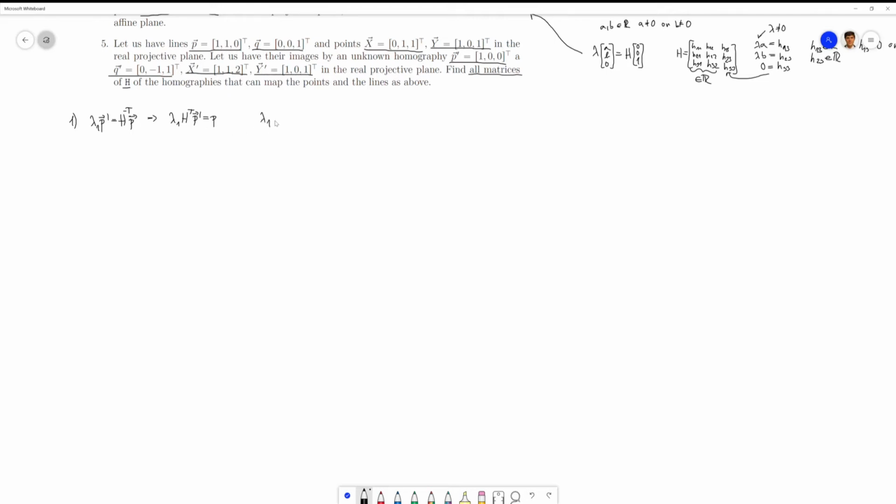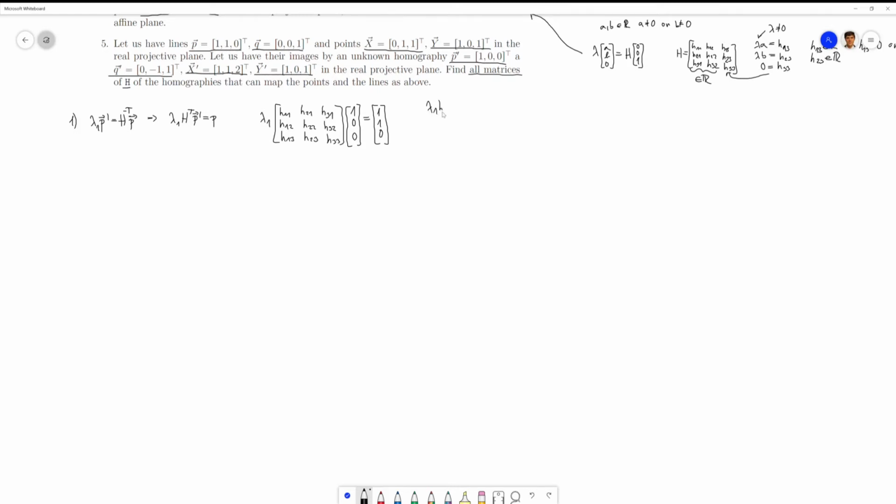If we multiply this equation by H transpose from the left, we will get lambda 1 H transpose times p prime equals p. So you can see that lambda times the first column of H transpose, so the first row of H, equals 1, 1, 0.